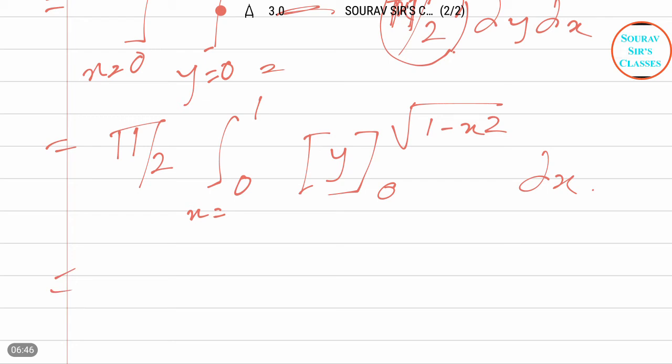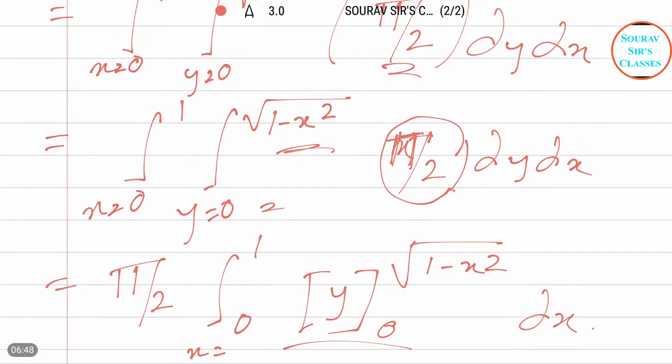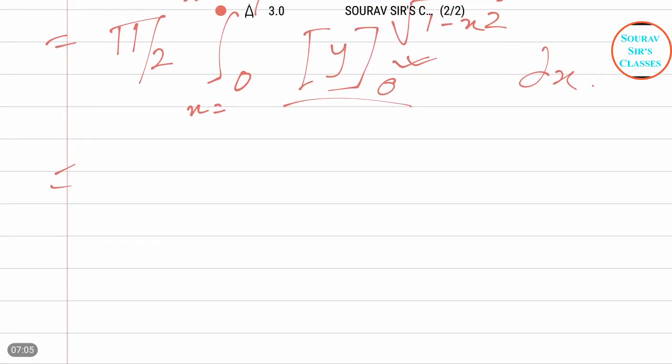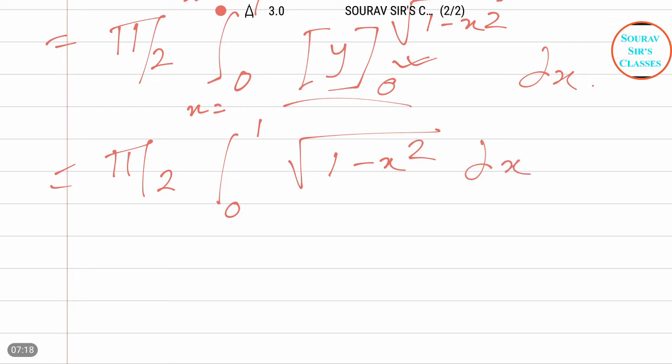Now we have got this after integrating integration y equals 0 to root over 1 minus x square, pi by 2 dy. So from this part we have got this part, and now from this we can write it as pi by 2 integration 0 to 1 root over 1 minus x square dx.